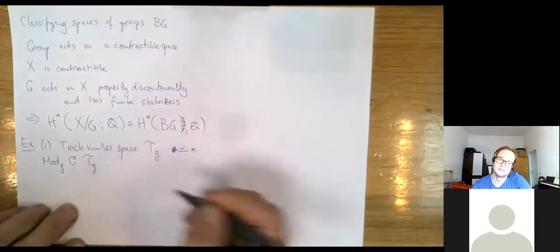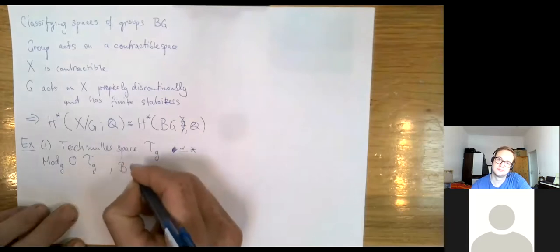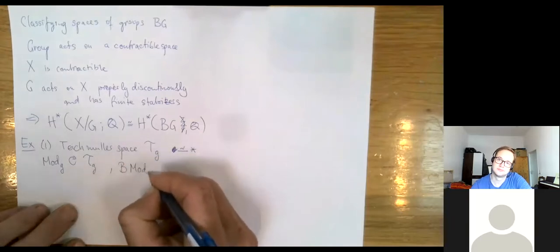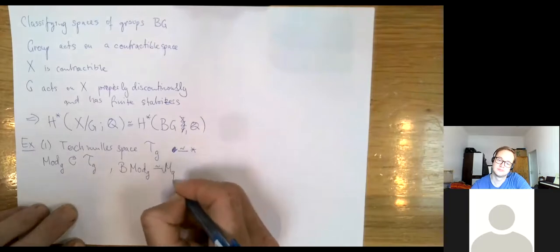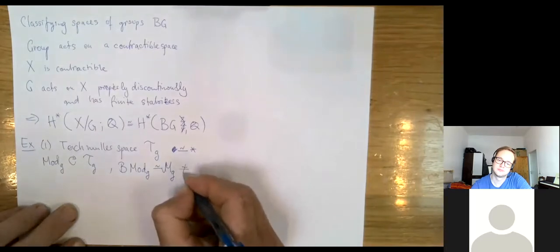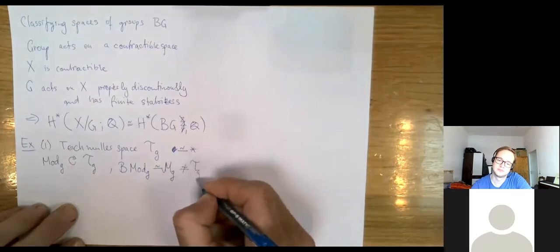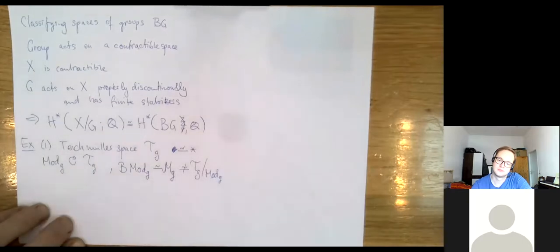So the classifying space of the mapping class group is indeed the moduli space, but it's not the same as the Teichmüller space mod the mapping class group. So here you have to do something more, but rationally you could compute the cohomology with this.